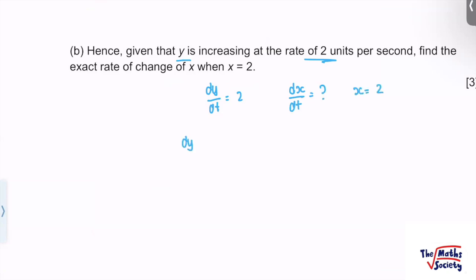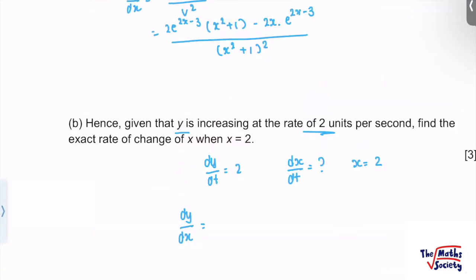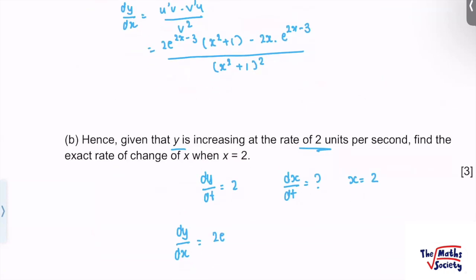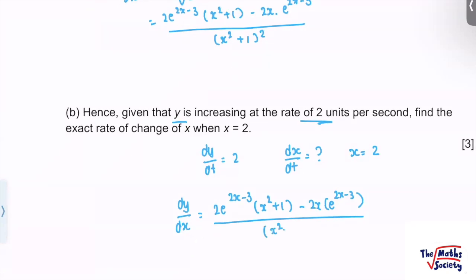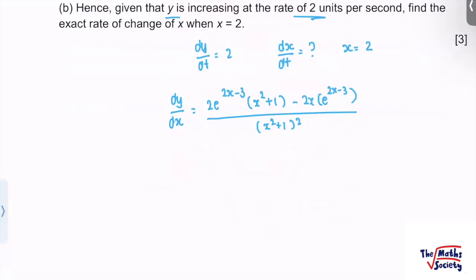So we're going to write dy by dx down here, which is 2e power 2x minus 3, times x squared plus 1, minus 2x times e power 2x minus 3, divided by x squared plus 1 the whole square. So we're going to just substitute x equals 2. So that way 2e multiplied by 5 minus 4e divided by 25, which will get 6e by 25.